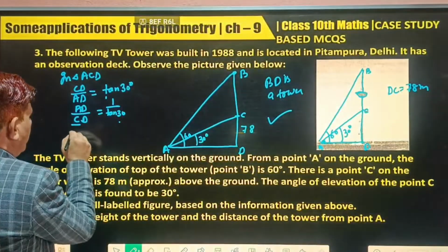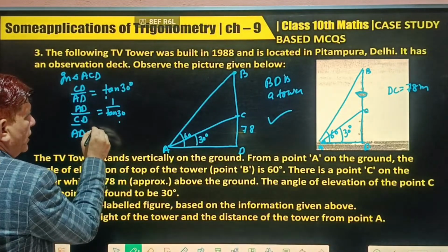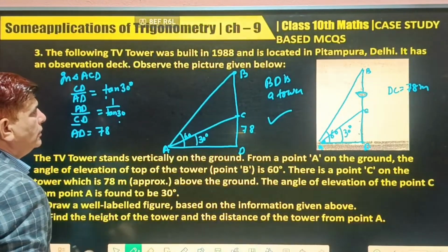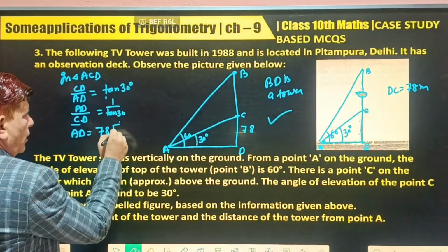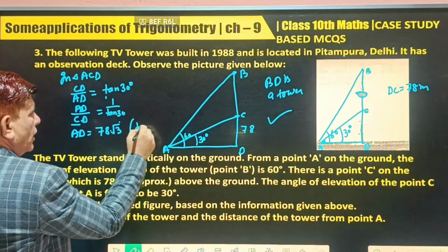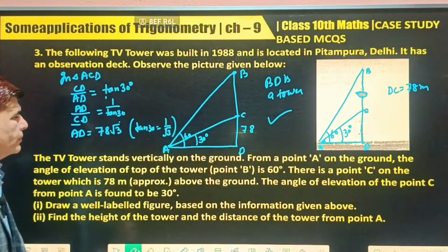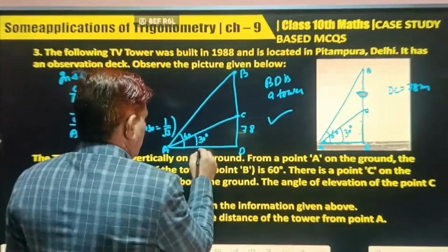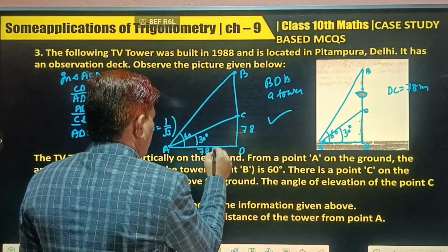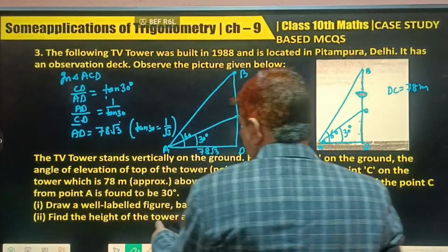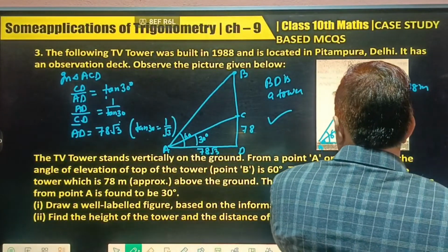CD is given, AD we have to find. AD equals CD, which is 78, times root 3, because tangent 30 degrees is equal to 1 by root 3. So AD is 78 root 3.